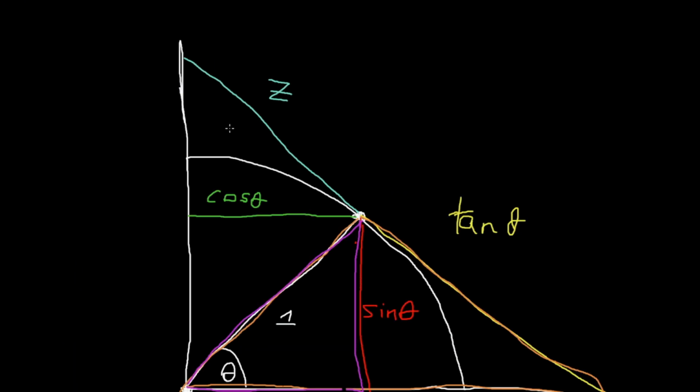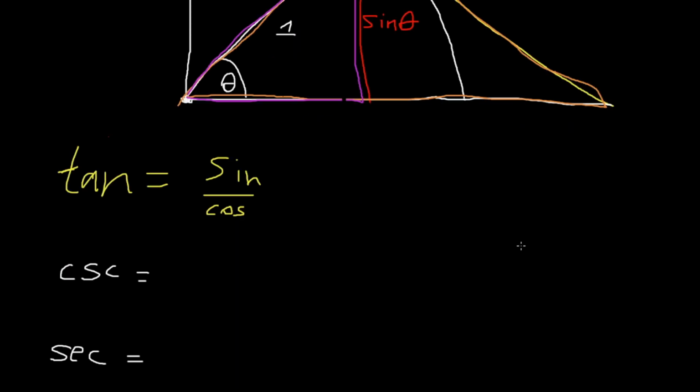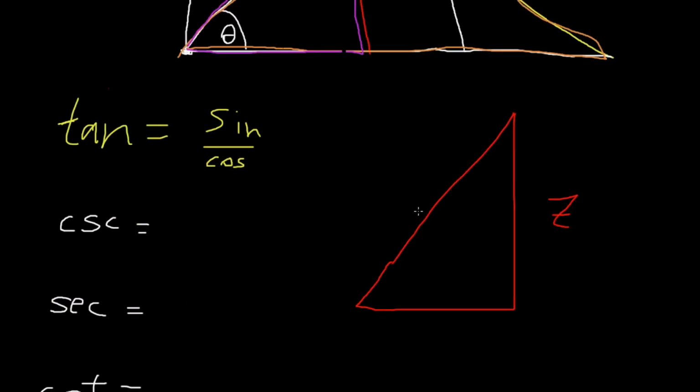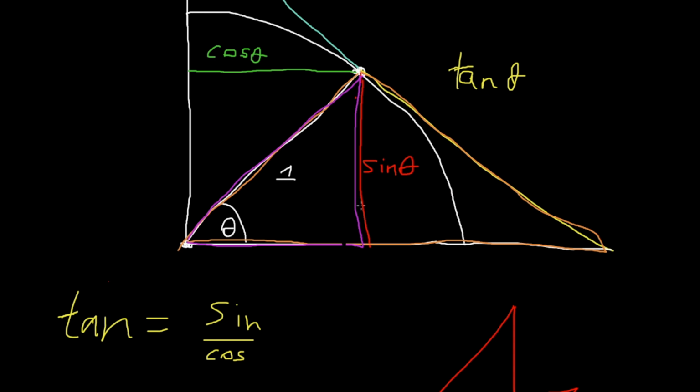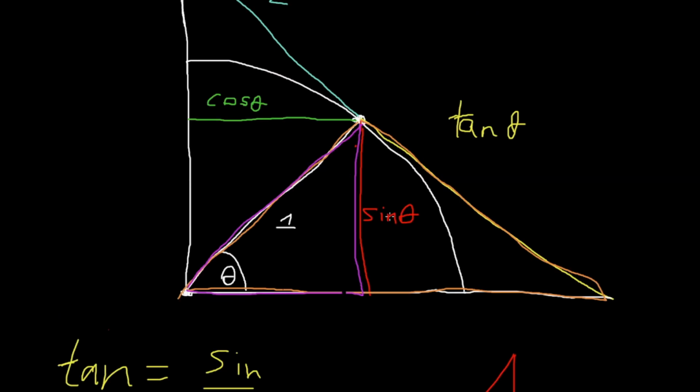and let's notice that we created another triangle, just like how we did with tangent. This overall big triangle, I showed in red, right here. That's our height, this is our hypotenuse, and that's our base, right? So we can create that. I'll draw it right here. That's z, and then what is our base? 1, right here, the radius. Now where's theta?